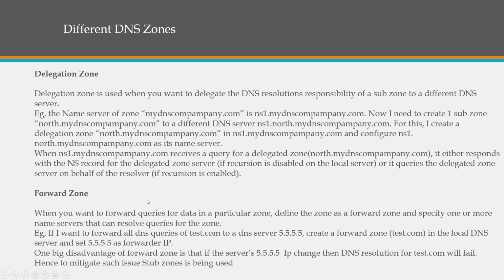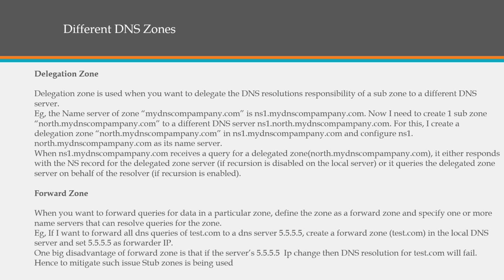So let's get to the forward zone. Forward zone, as the name suggests, is used if you want to forward queries for data in a particular zone: define that zone as a forward zone and specify one or more name servers which can resolve the queries of that zone. Let's take an example. If I want to forward all DNS queries of test.com to a specific DNS server, 5.5.5.5, I need to create a forward zone test.com in my local DNS server and then set 5.5.5.5 as a forwarder IP.